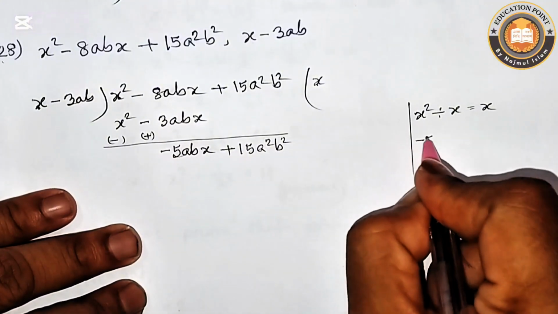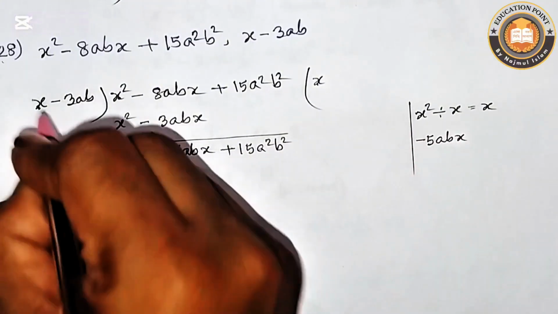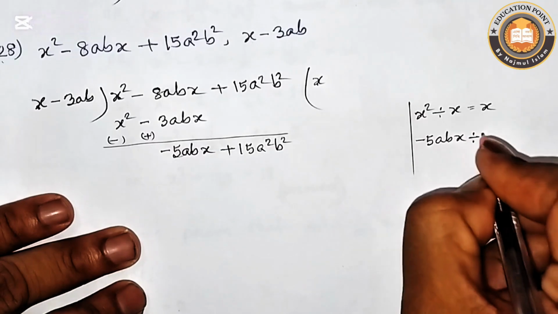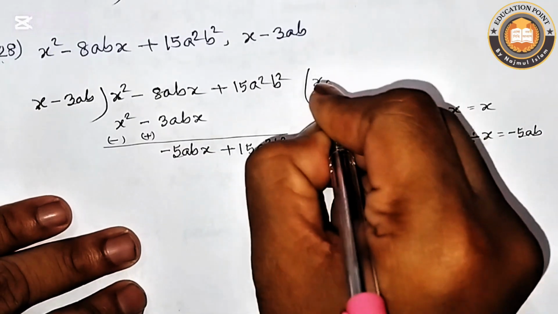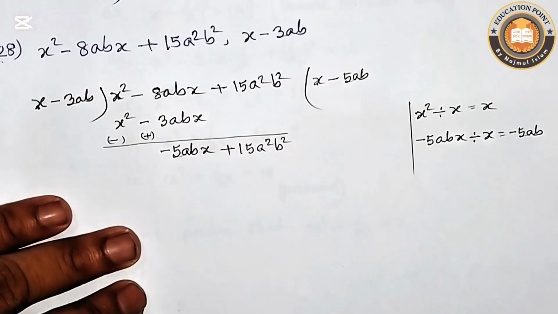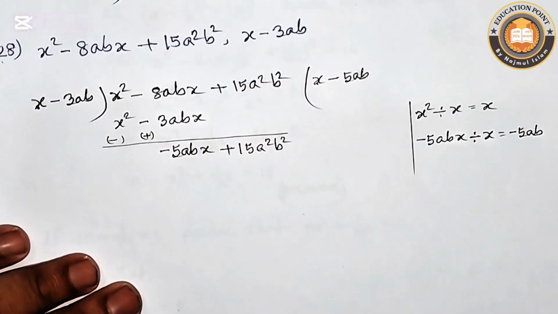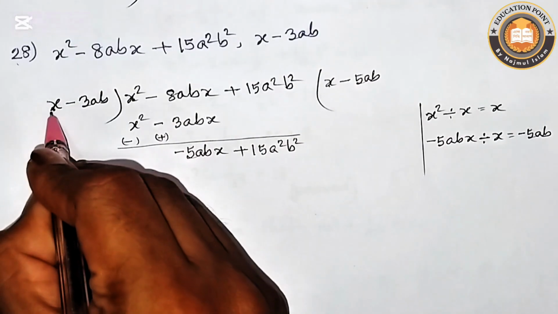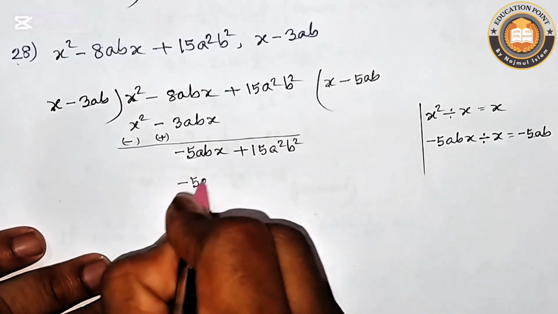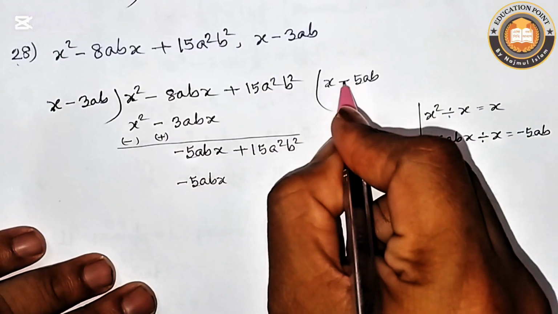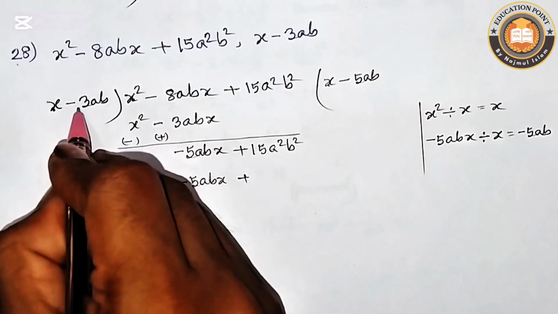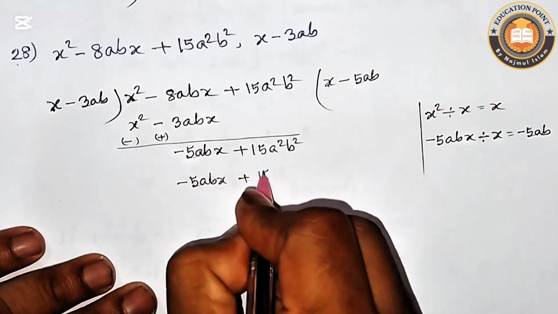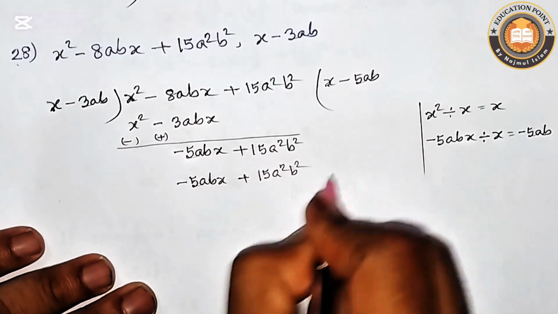Now minus 5abx divided by x equals minus 5ab. Now minus 5ab multiplied with x minus 3ab. Minus 5ab multiplied with x equals minus 5abx. Then minus minus multiplied gives plus: 5ab multiplied with 3ab, 5 times 3 is 15 a square b square.